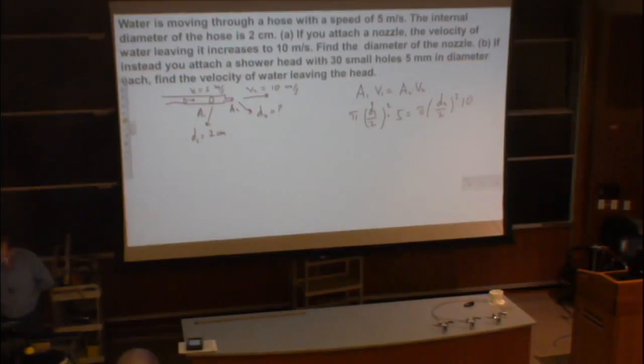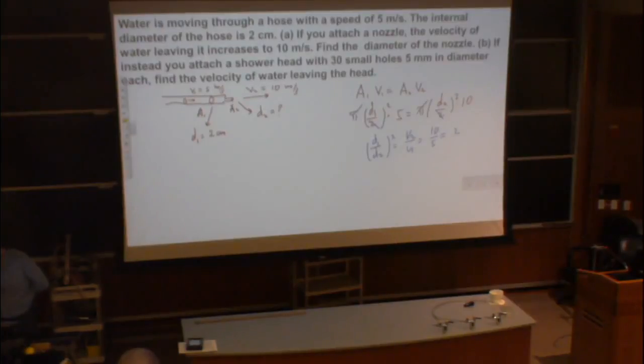I like writing this way because I can cross pi's, I can cross 2's, and what I see actually is that (d1 over d2) squared will be equal to v2 over v1, or 10 over 5, or 2.